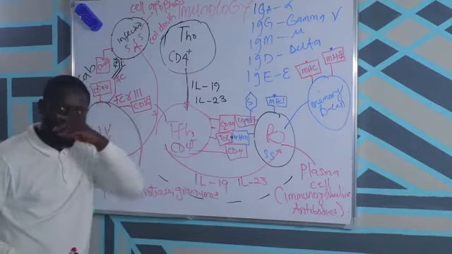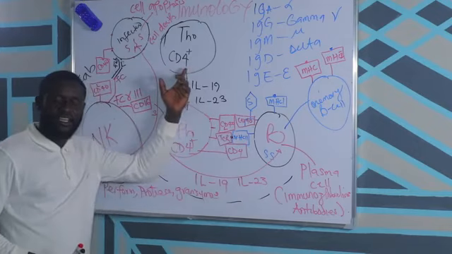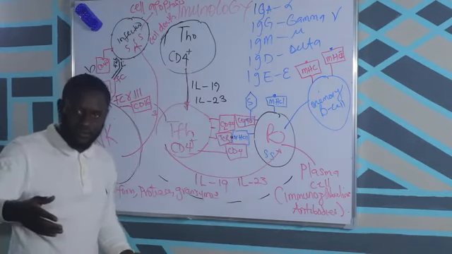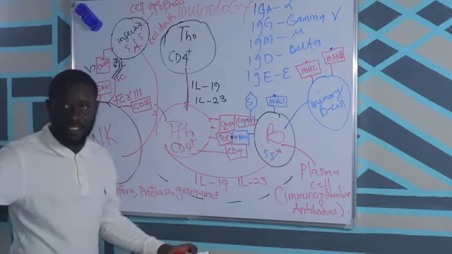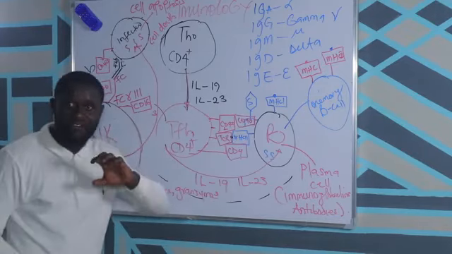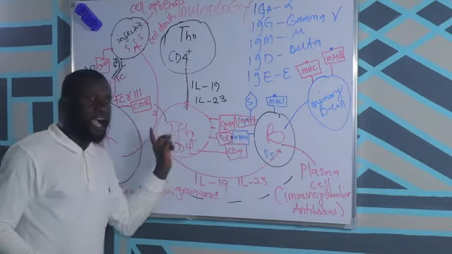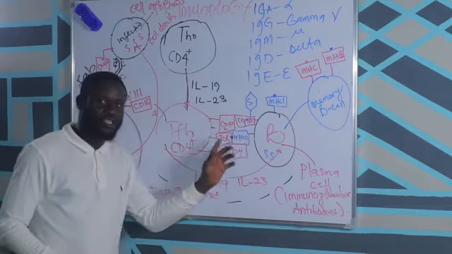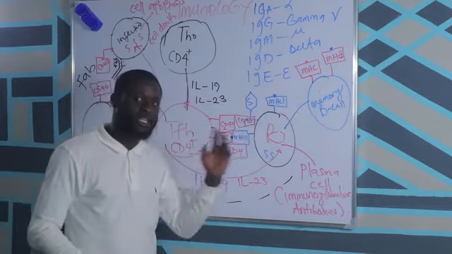Let's take a recap. The H0 differentiates into different types of T helper cell, but it needs a T follicular cell to have a memory, where it can activate the B cell to become a memory B cell and a plasma cell.